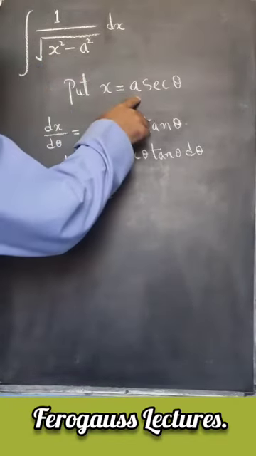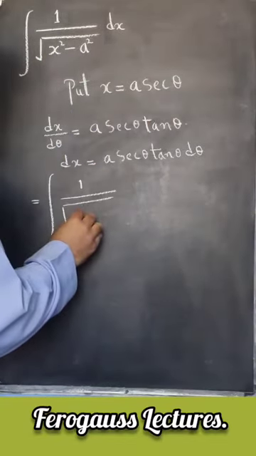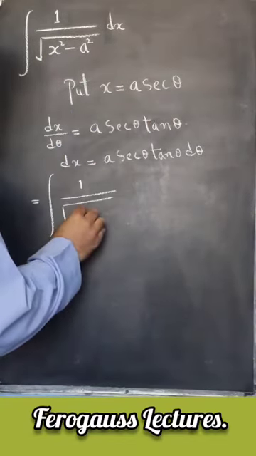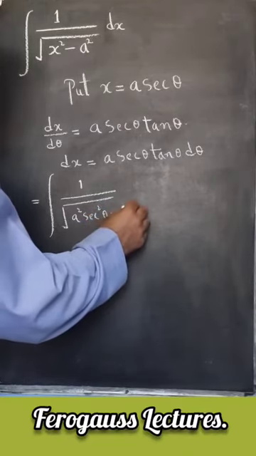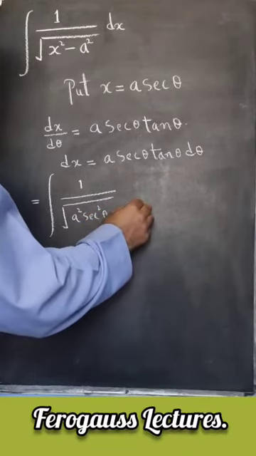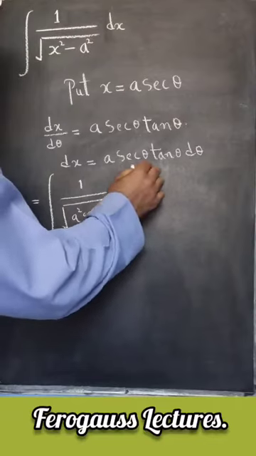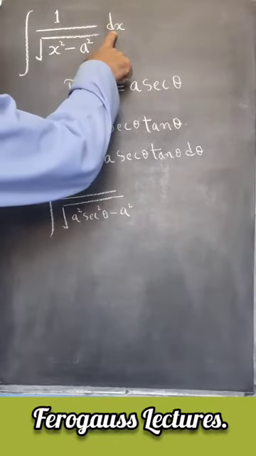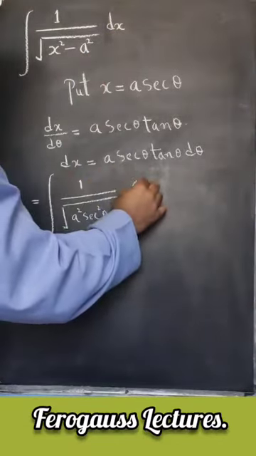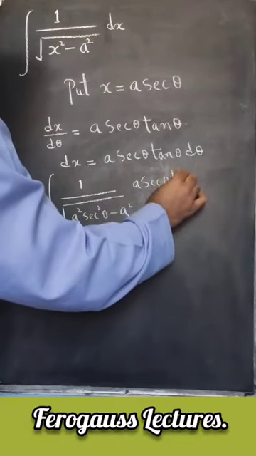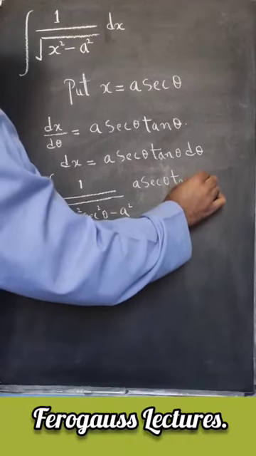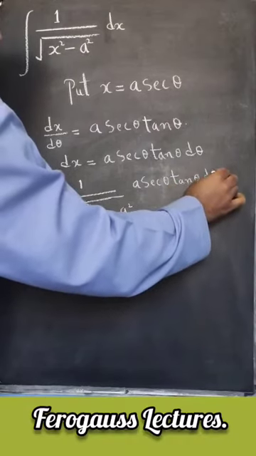So instead of x we have a secant theta, we write a square secant square theta minus a square, then instead of dx we have a secant theta tan theta d theta.